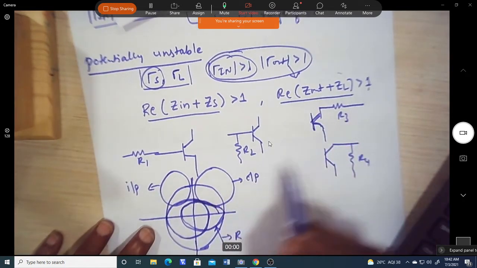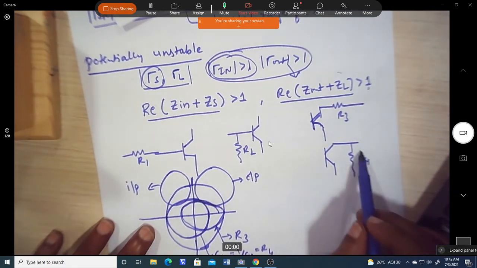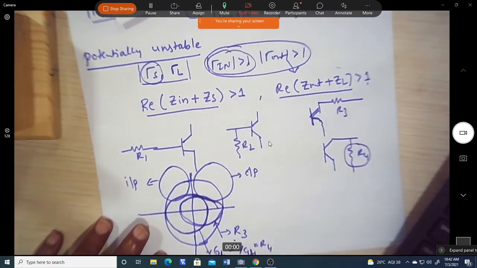Since we are taking the output, we add this value, R3, at the output of the transistor, and then the transistor will become stable. Similarly, for the conductance circle, we obtain the conductance value G3, and its reciprocal, 1 by G3, gives the value of R4, the shunt resistance we have to put.